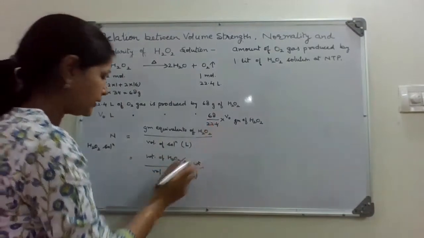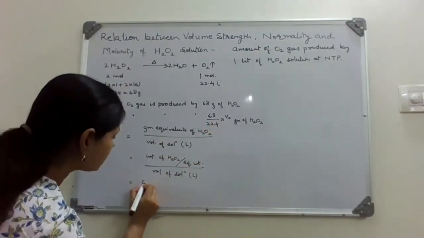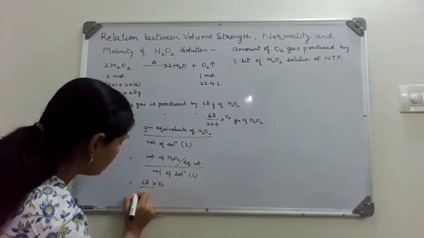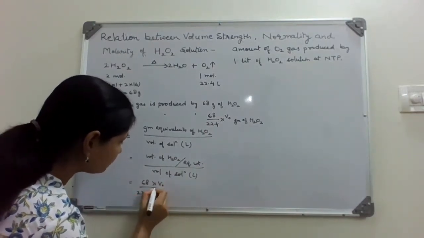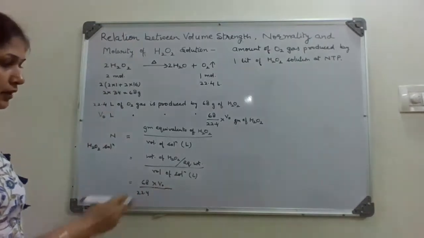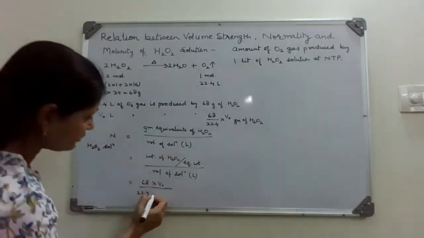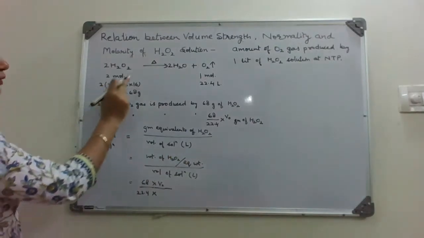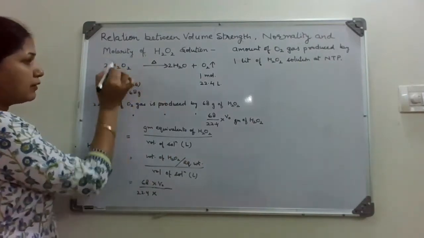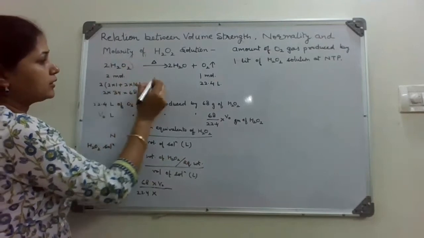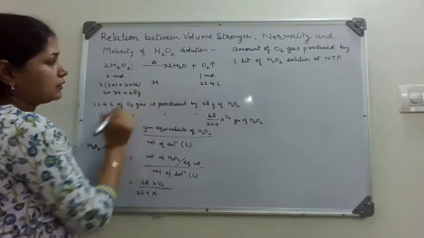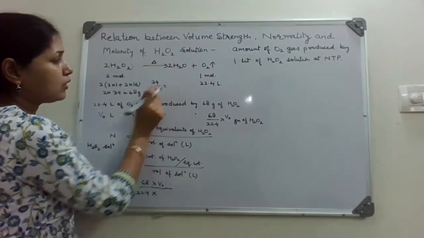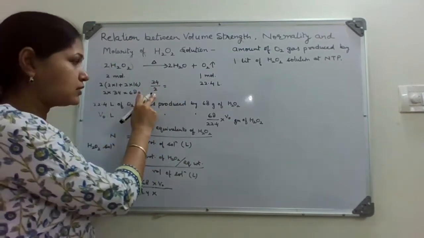We just calculated it is equal to 68 into VO divided by 22.4, and it is divided by equivalent weight. Molecular weight of hydrogen peroxide is 34 gram, and its equivalent weight will be equal to 34 divided by 2 because its valence factor is 2.